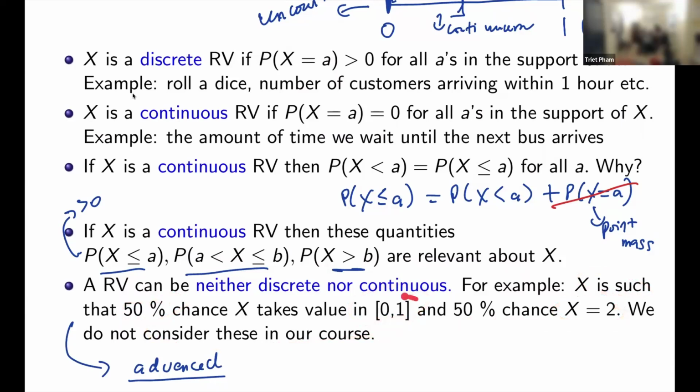You see that because it blends these two together, it's neither discrete nor continuous. So we do not consider these, well, sorry, that's not super precise. There's one problem that we'll deal with and explain, but that's it. It's not common in this course. But keep that in mind as you graduate from this course and do more advanced stuff.